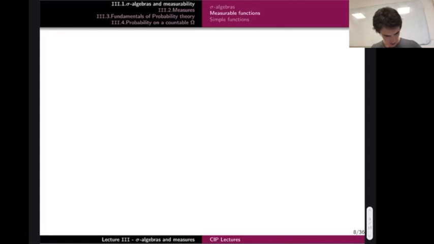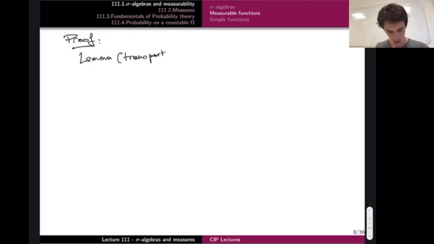Proof. Actually, this proof relies very much on the following lemma that I will call the transport lemma, which reads as follows.